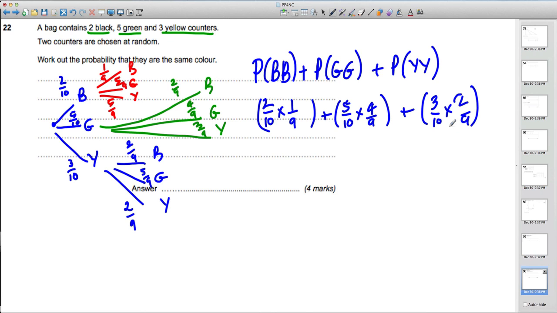So it's just a case of tapping this in your calculator, and you get 28 over 90, which simplifies to 14 over 45.